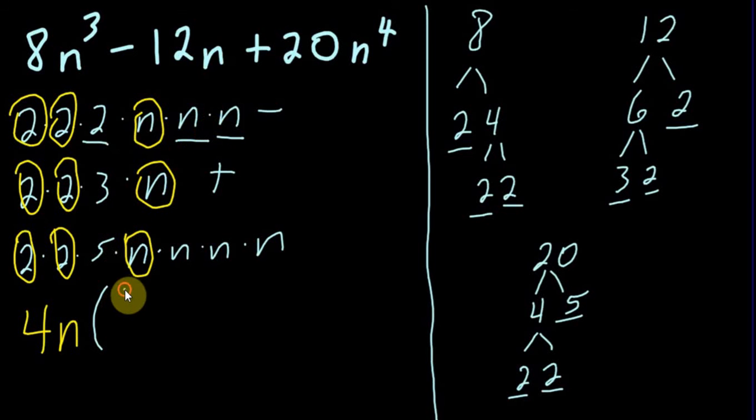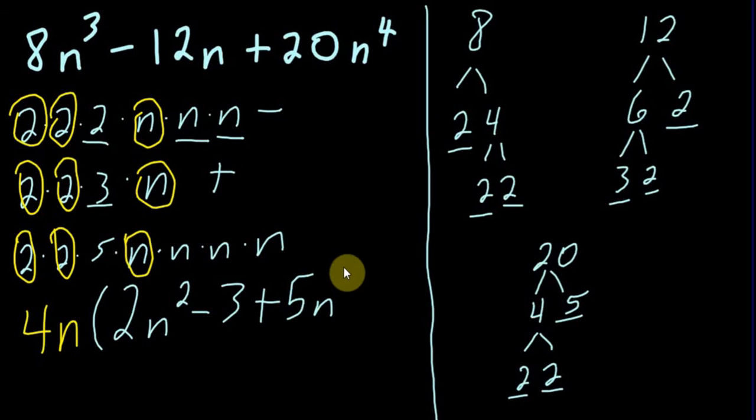That's 2n squared. And remember, it was minus. And then 3 plus, and then 5n, n, n. Well, n cubed, so 5n cubed is going to be our last term. And we have factored the trinomial.